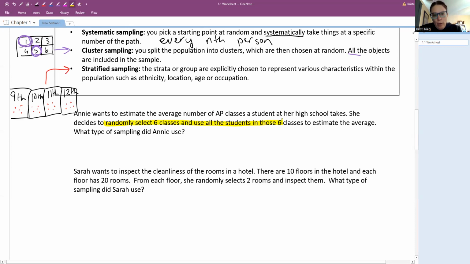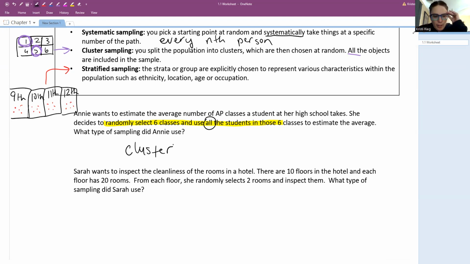Now, we don't know how many AP classes her school has. You might be thinking, oh, my school, we only had 5 to begin with. So 6 sounds like a lot. But since she selected 6 of them, it sounds like there was more than 6 to begin with. And then specifically because she used all of the students in those groups, this is going to be cluster because she randomly picked groups and then everybody in that group was chosen.